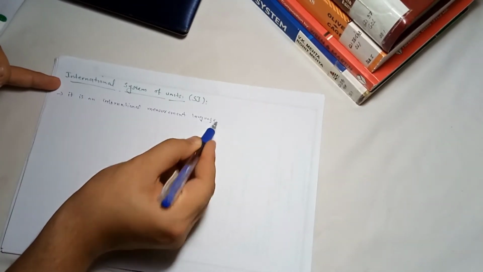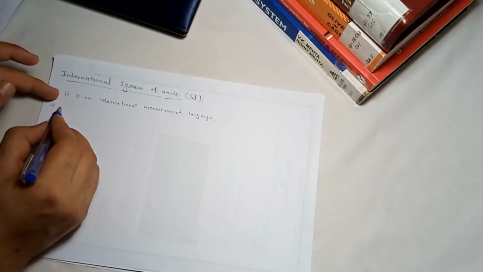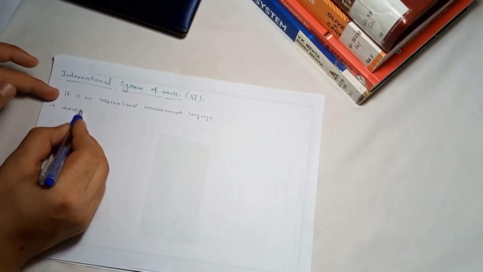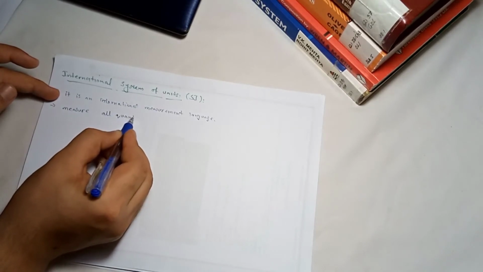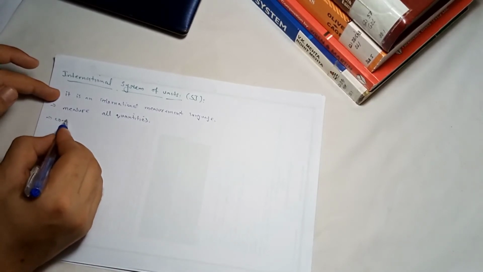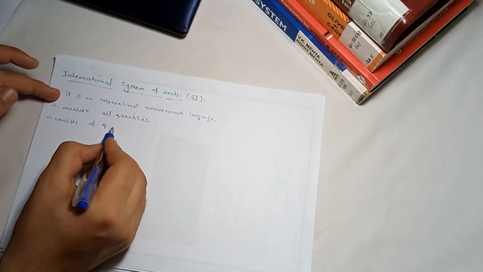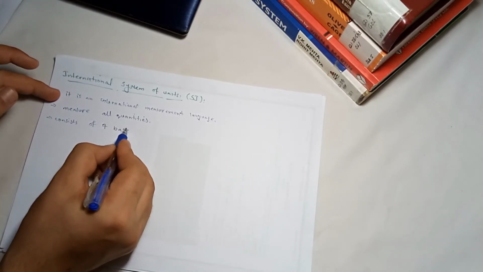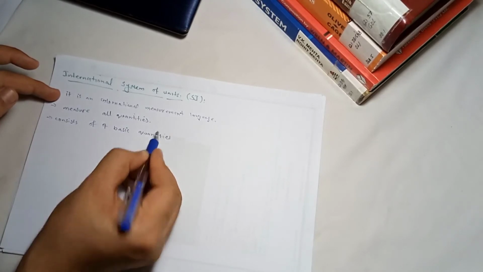So what will be its usage, or what is its effect on the quantities? Through this you can measure all quantities in nature. It consists of 7 basic quantities through which we can find all the derived quantities.